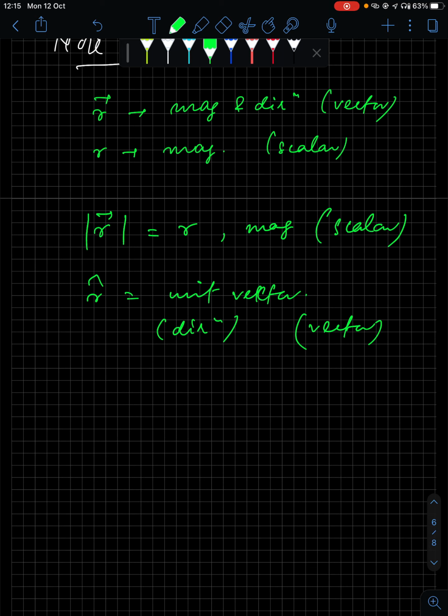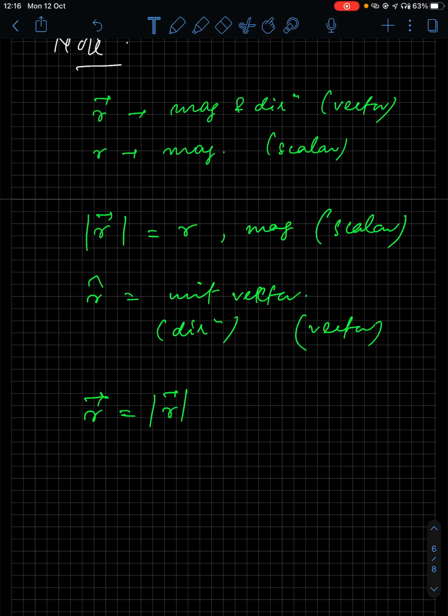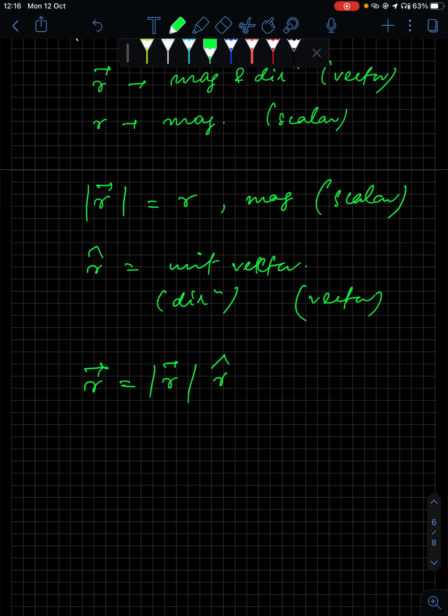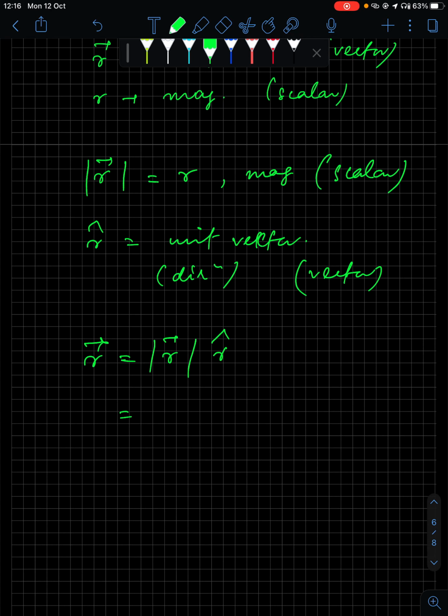Now this r vector contains the magnitude as well as the direction. So firstly I write the magnitude of r, then I have the direction of r. Treat this as a formula: r vector can be written as magnitude of r into r cap.